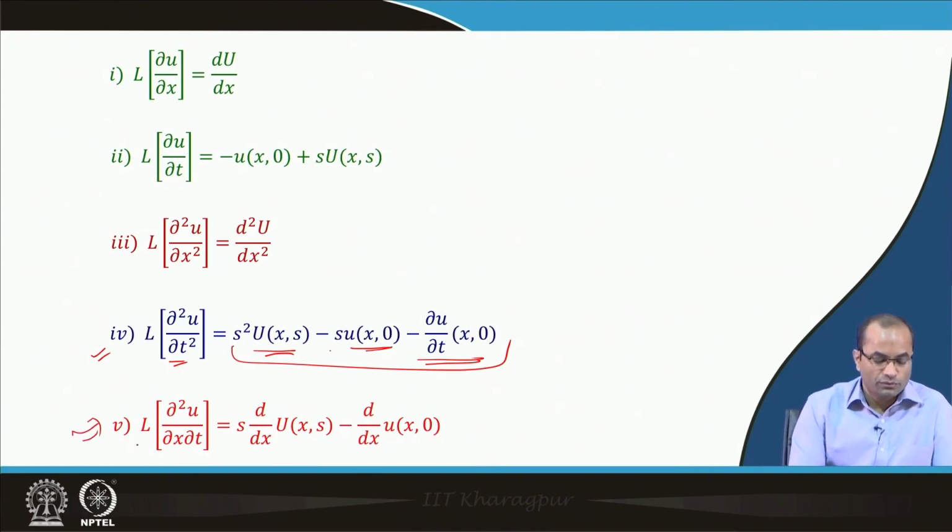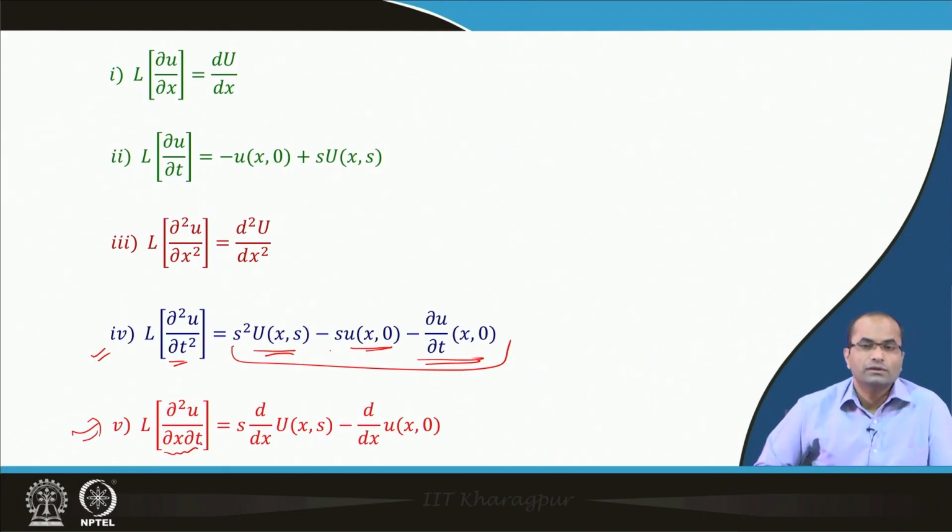The last result we may be using in some of the partial differential equations is the mixed derivative. Whenever we have a mixed derivative, the derivative with respect to x will remain as it is, and the derivative with respect to t will be treated with the derivative theorem.